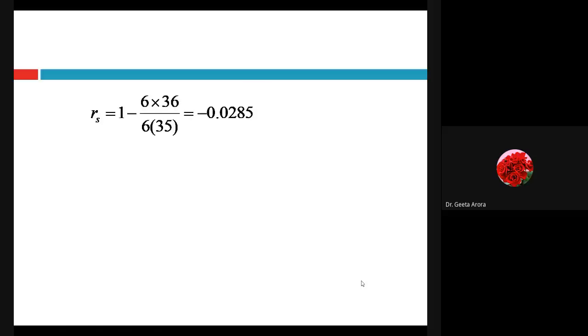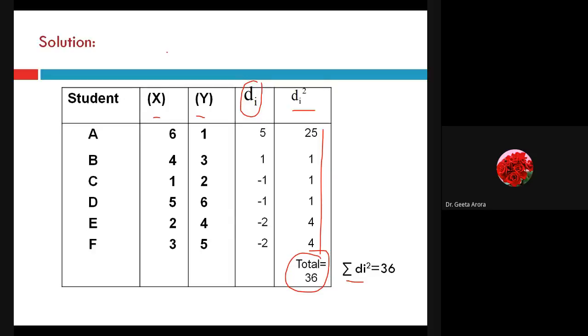And here, if we remember the formula, we have written 1 minus 6 summation di square, and this whole divided by n into n square minus 1. So this was the formula. And here what is n? We have been provided with the data of 6 students. Correct? So n is 6. Di square that we have obtained is 36.